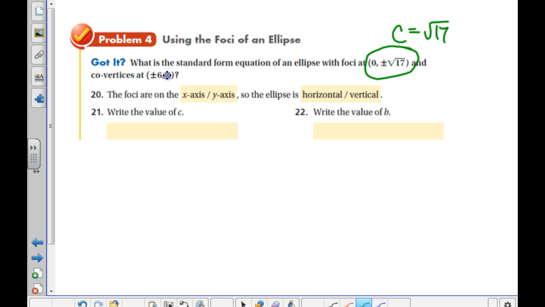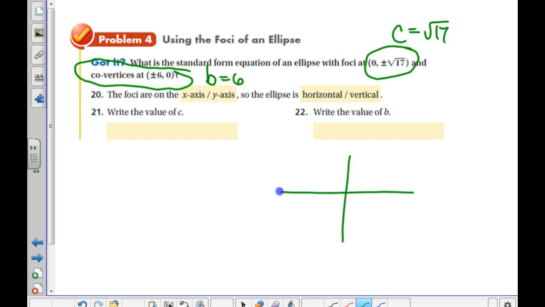The co-vertices are at this, so what is that telling us? The foci are on which axis? 0, square root of 17 would be on the y-axis, so it is what kind of ellipse?